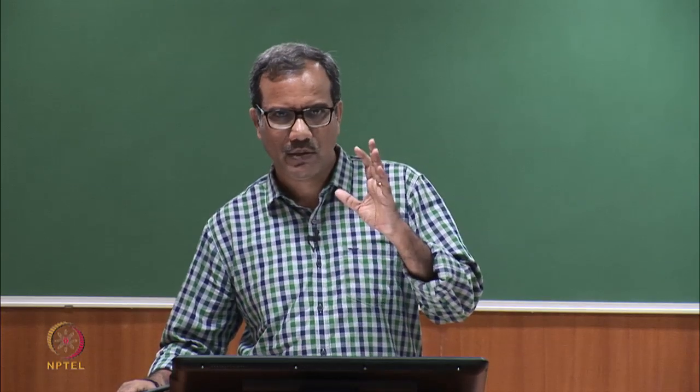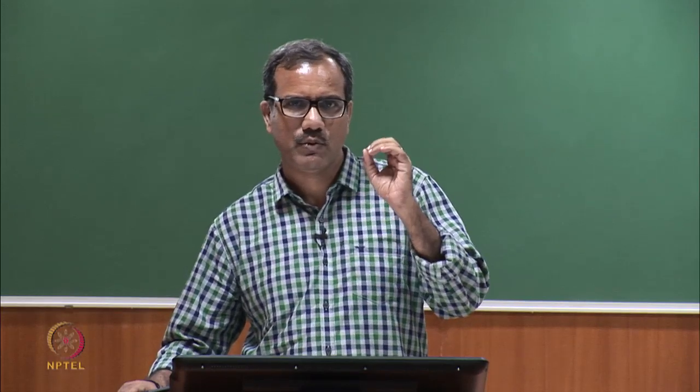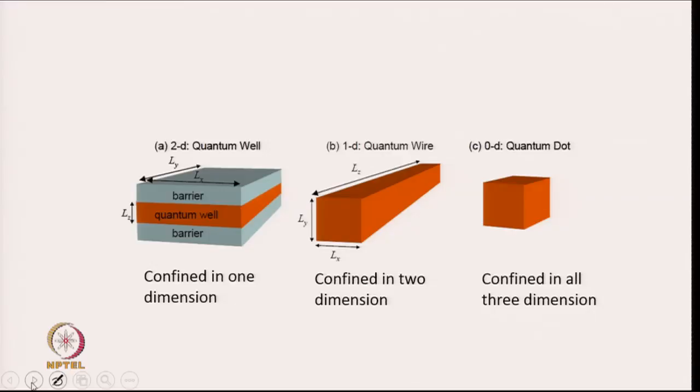So, now let us again discuss what I mean by quantum well, quantum wire, and quantum dot. Now, look at this figure. This represents a quantum well and it is called a 2 dimensional material. 2 dimensional means it is unconfined in 2 dimensions.